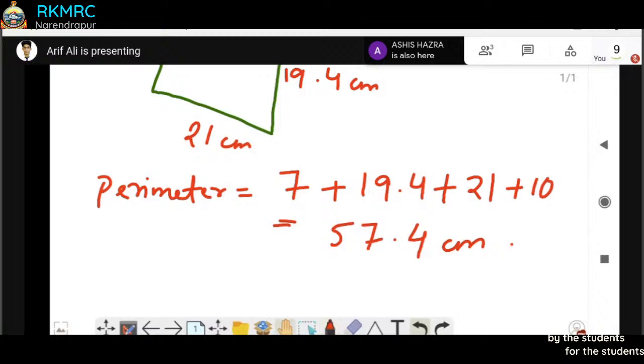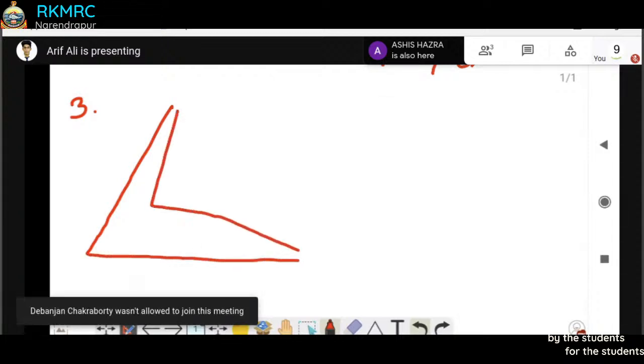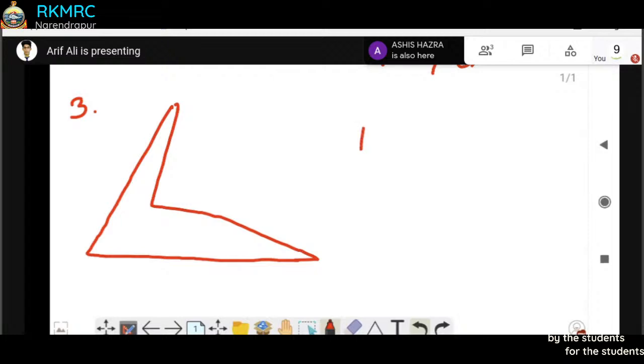Okay, let us take another figure for calculating this perimeter. Let us suppose this is a figure for calculating perimeter.